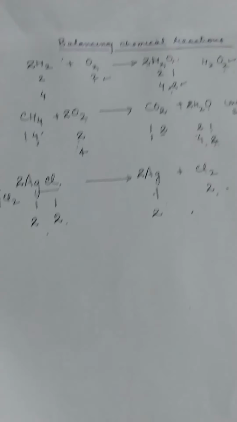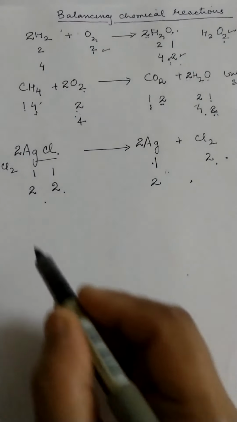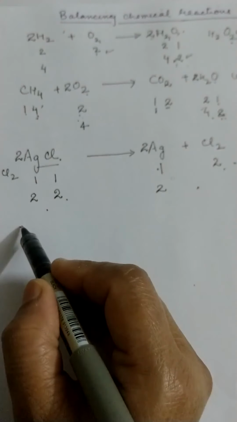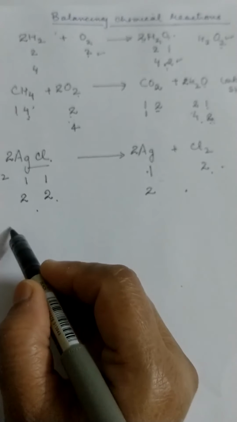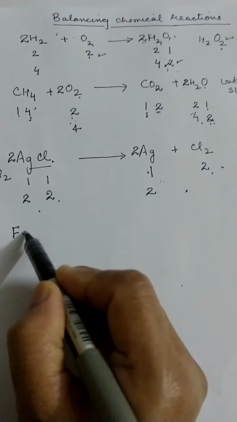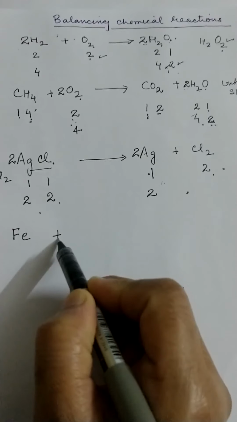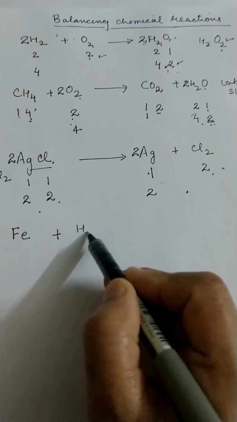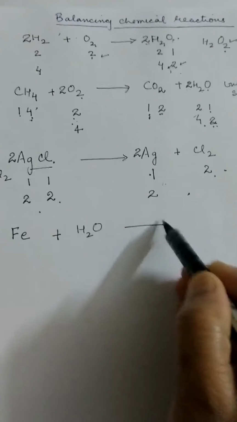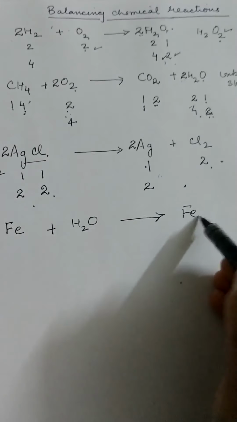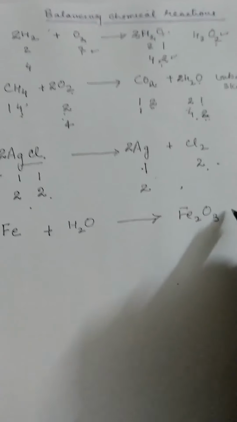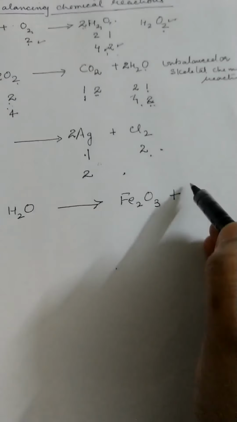Now I will take the example which is given in your book for teaching balancing chemical reactions. It's a reaction of iron with water, and it forms iron oxide Fe2O3 plus hydrogen.